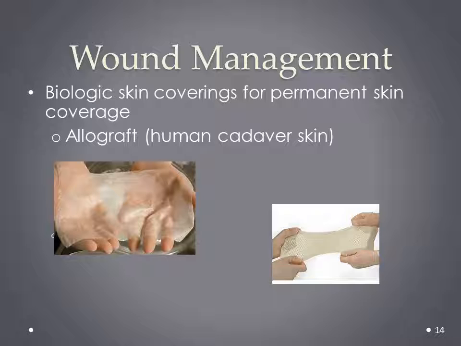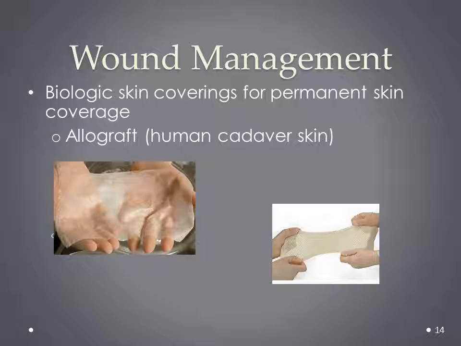It may be cosmetically best, but generally you're not going to be able to use only this type of cadaver skin. So what we do to get more for the money is something called mesh, and that's what's in the other picture.